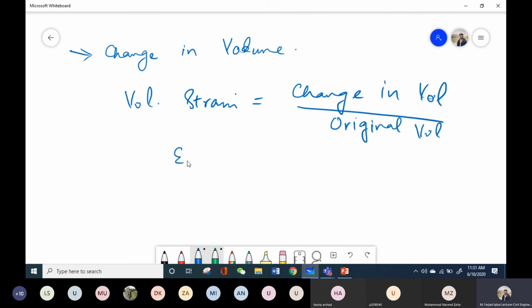So volumetric strain is delta V over V. Now in the previous question, we knew the hoop strain and the longitudinal strain, but we don't know the volumetric strain. So we can't calculate the change in volume directly by using this volumetric strain.